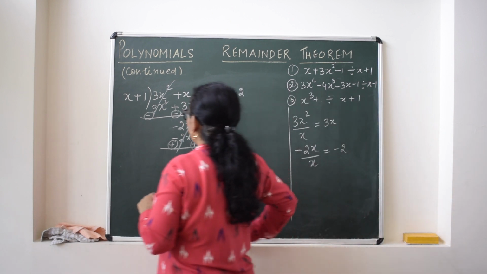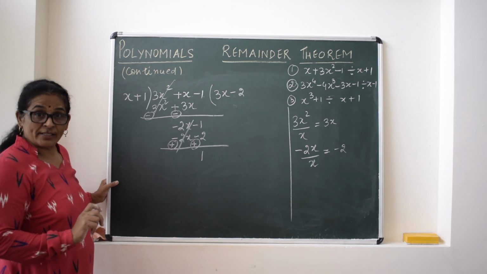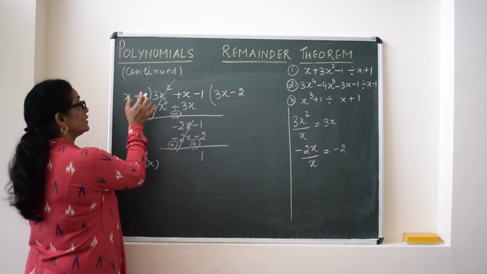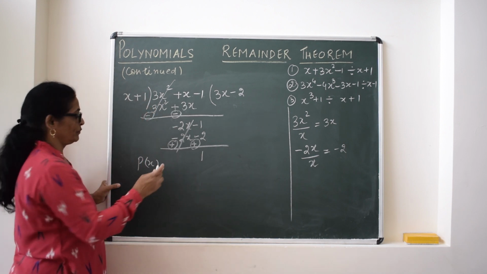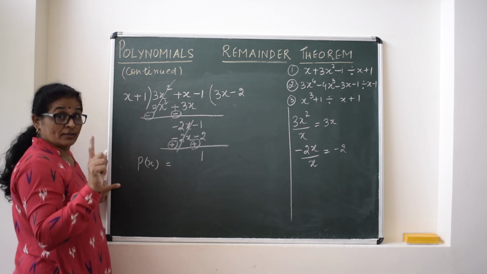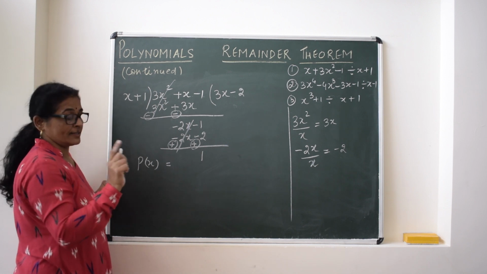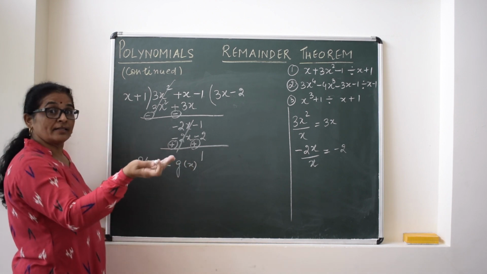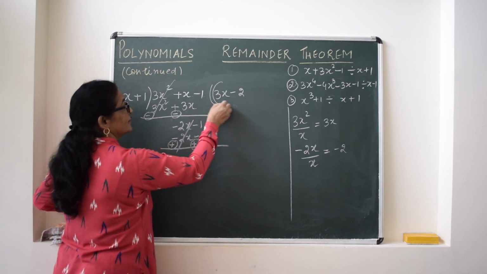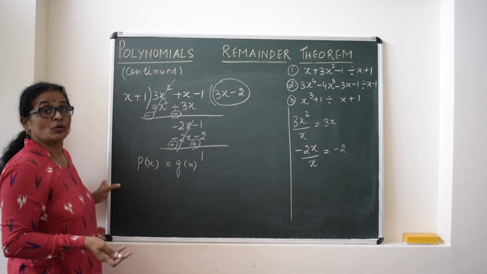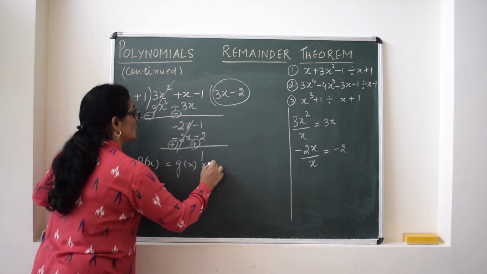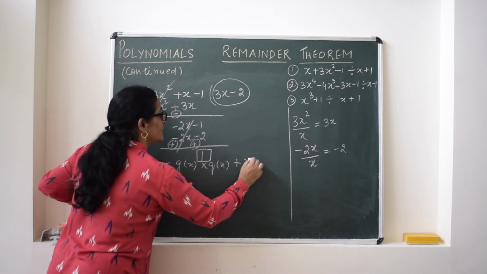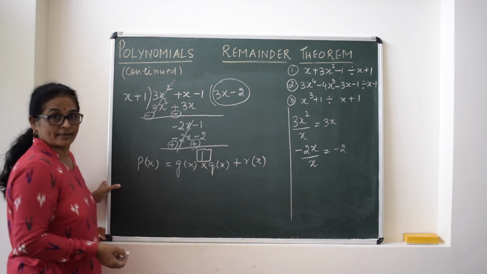So we may say for any polynomial p of x whose degree is greater than or equal to 1, if it is divided by another polynomial g of x whose value is not 0, there exists another polynomial q of x, which we call the quotient, and there exists a remainder in the form of a polynomial.